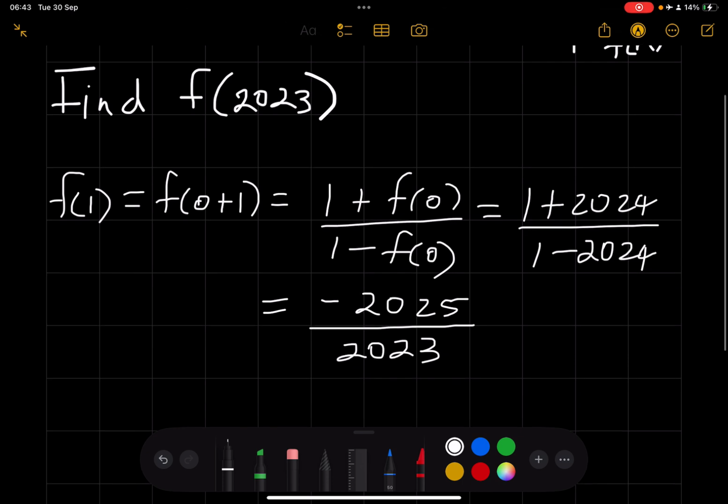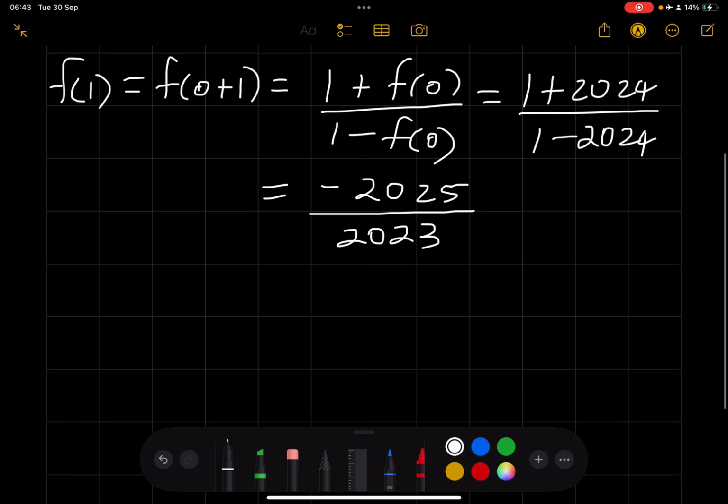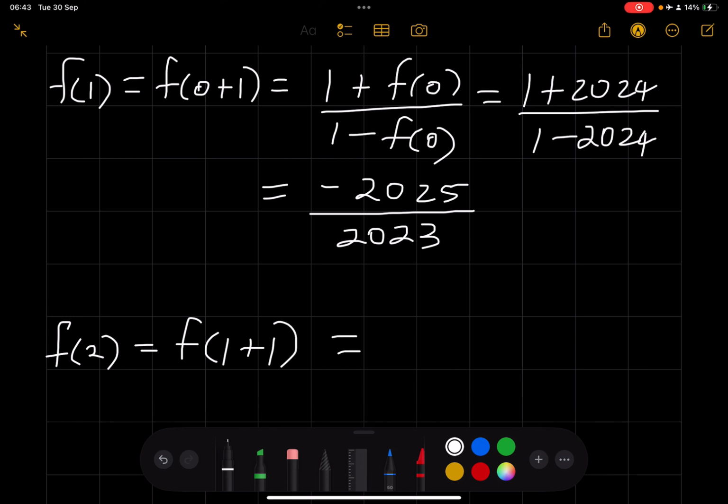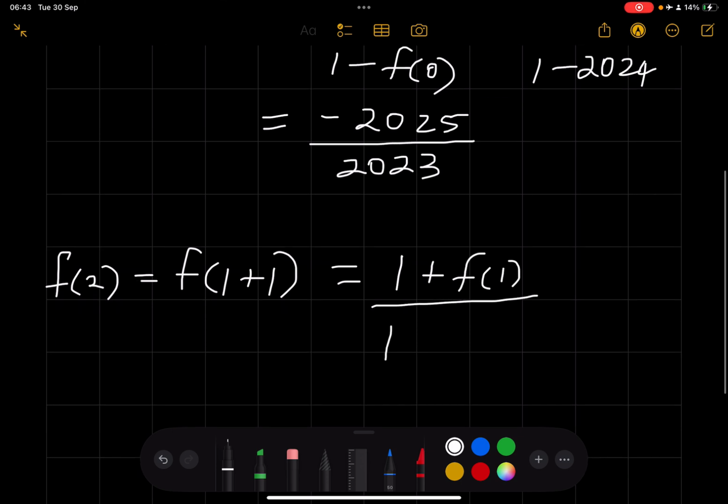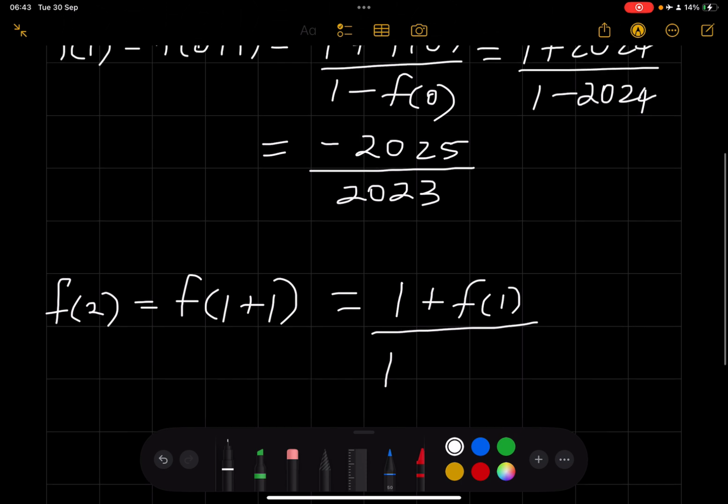Continuing with the same pattern, I can easily get f(2) by doing f(1+1), which will be (1 + f(1))/(1 - f(1)). Remember, your calculator has the answer of f(1).